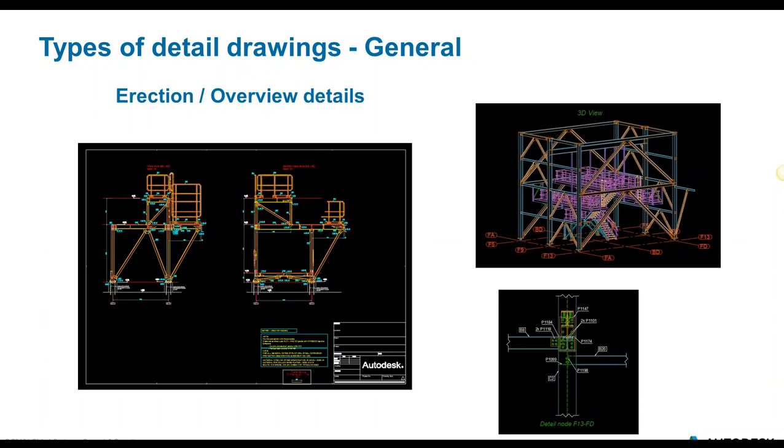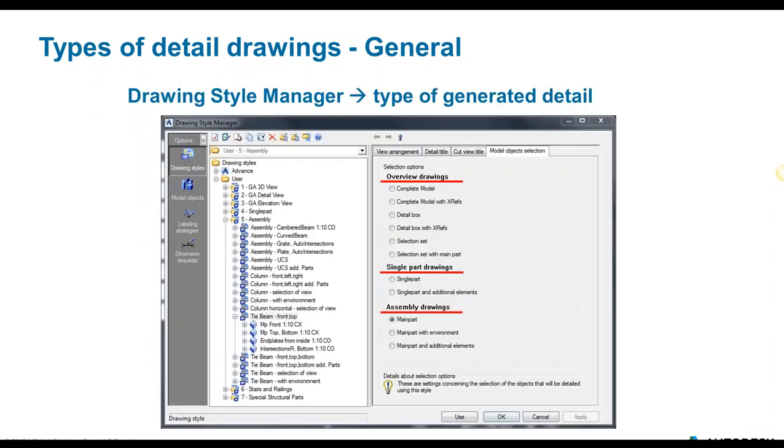And we have different types: elevations, plan view, isometric view, detail nodes. However, all of them are a single category, overview details. We will get back to this a little bit later during our presentation.